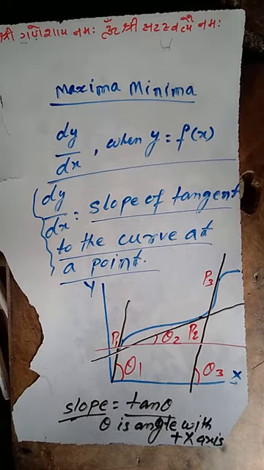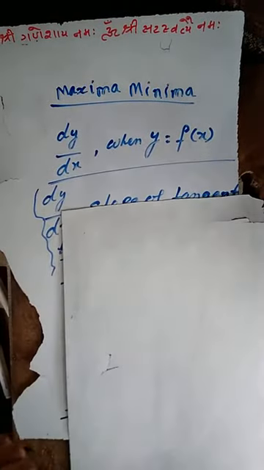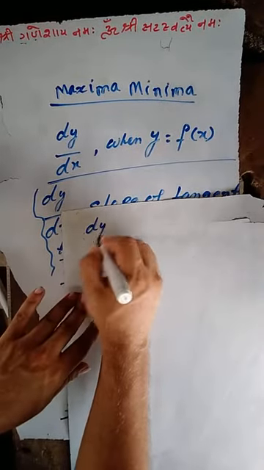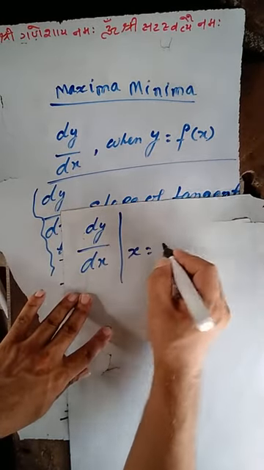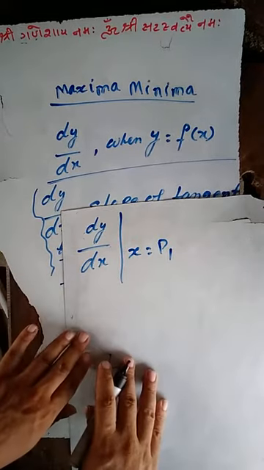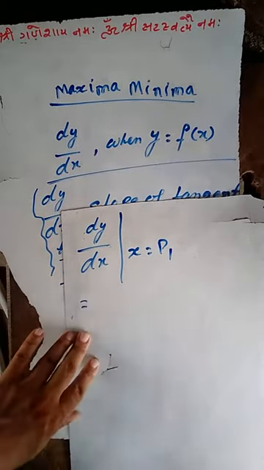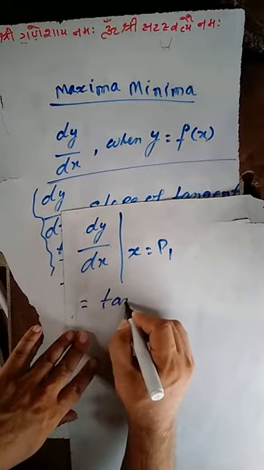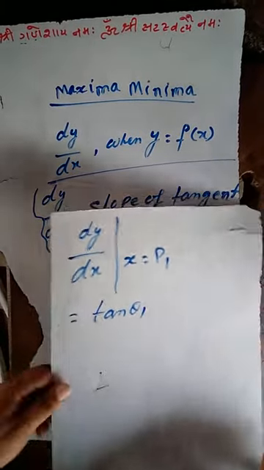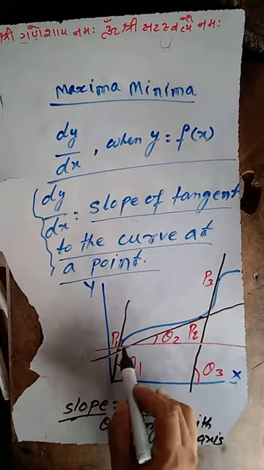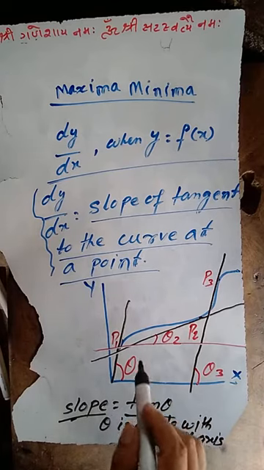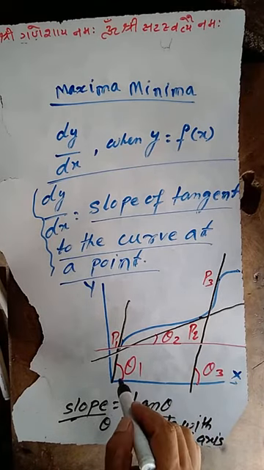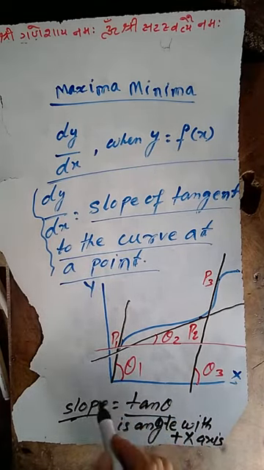So if you are asked to calculate dy by dx at point P1, dy by dx at x equal to P1 will be tan theta 1, because the slope of the tangent is given by tan theta.